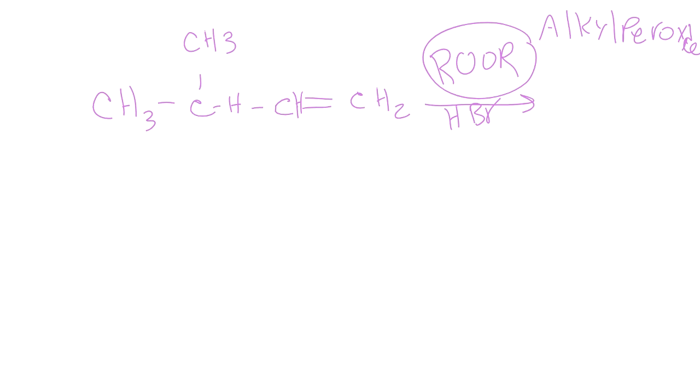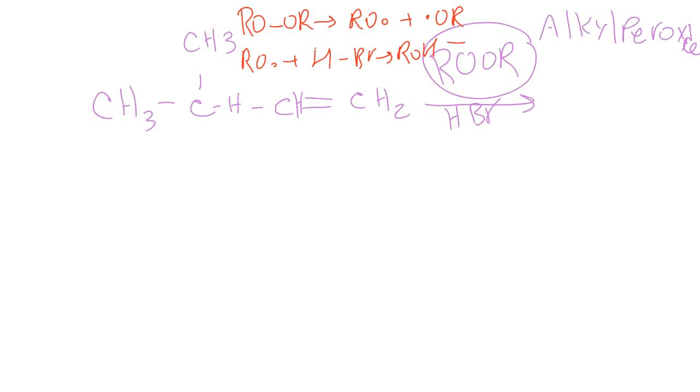What is the first step? First thing that is going to happen here, your ROOR is going to break down to RO free radical plus RO free radical. Second, RO free radical is going to react with HBr and it will give you ROH. What's the other piece? Plus the Br free radical.